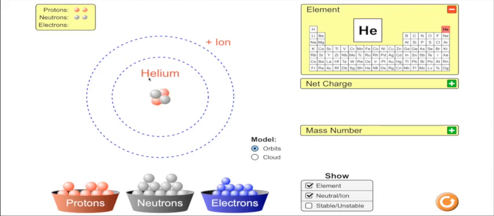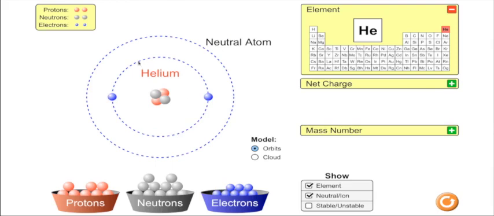Here it is already naming the kind of atom that we are building to be a helium atom. And I said in an atom the number of protons is always equal to the number of electrons. So if we're building an atom, let us also take 2 electrons and fill in the shells.